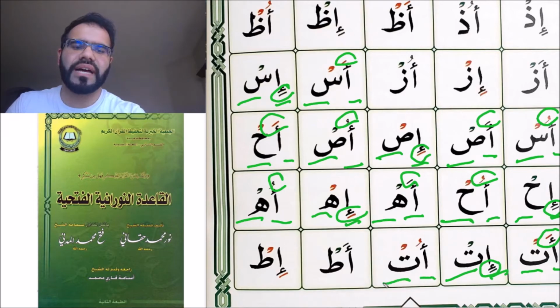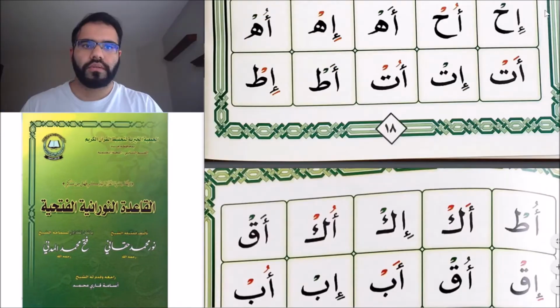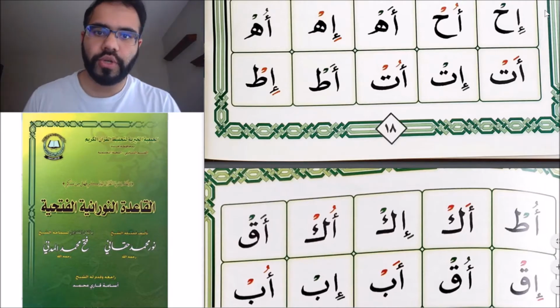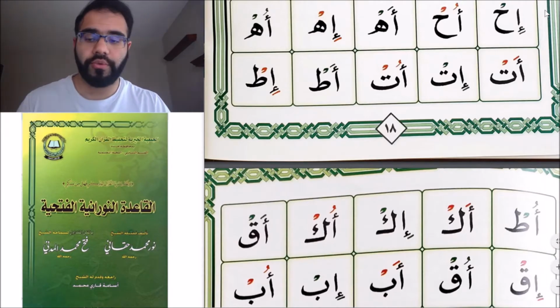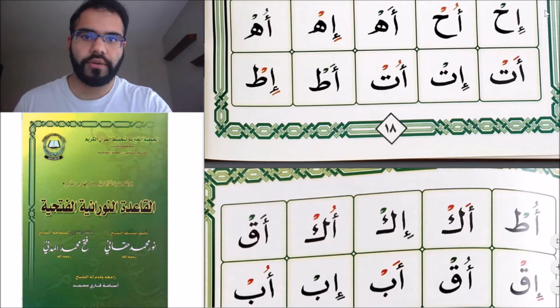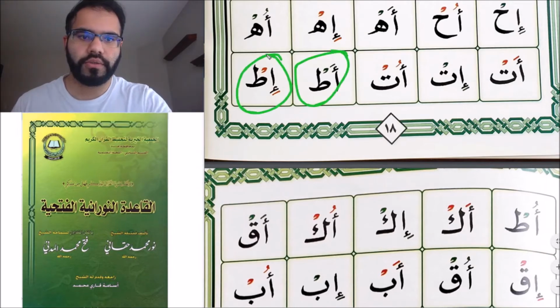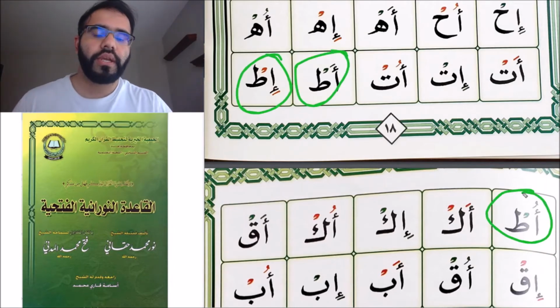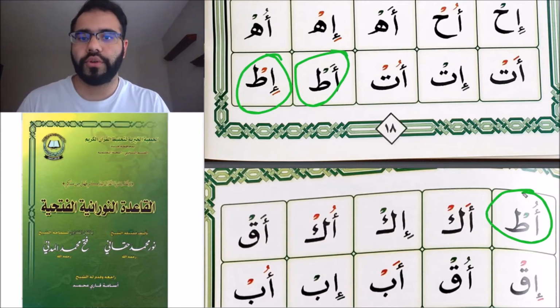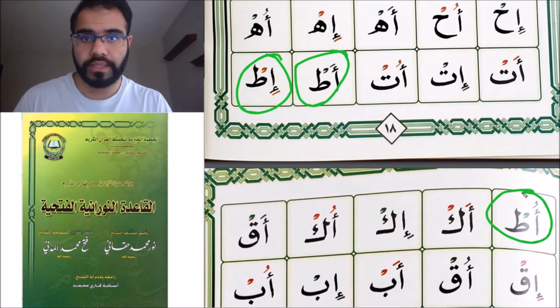Okay, so before we move on, I do want to draw your attention to these next three right here. So if you look at them right here, you got 1, 2, and 3. If you notice, all three of those have the letter ta in them.